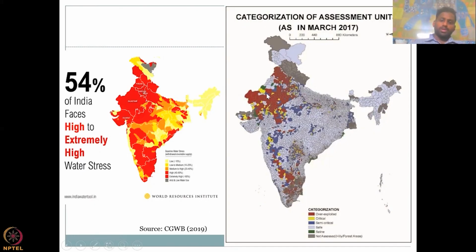If you compare this with the groundwater block assessments as per CGWB for the year 2017, now almost the years are comparable. The study on the left came out in 2019, whereas this study from CGWB also came out in 2019 for the year 2017.